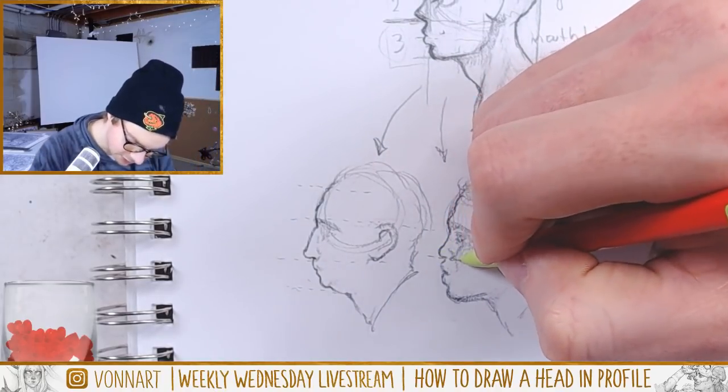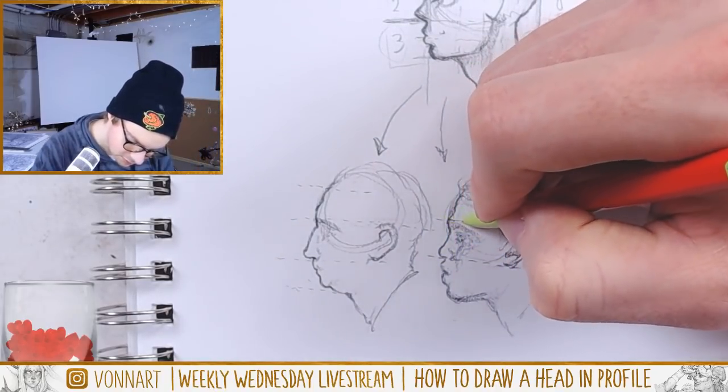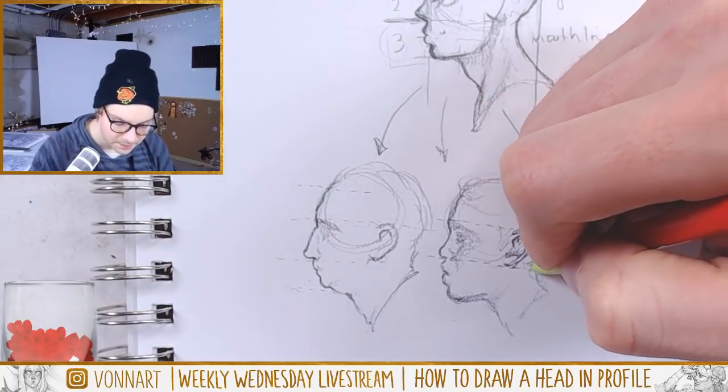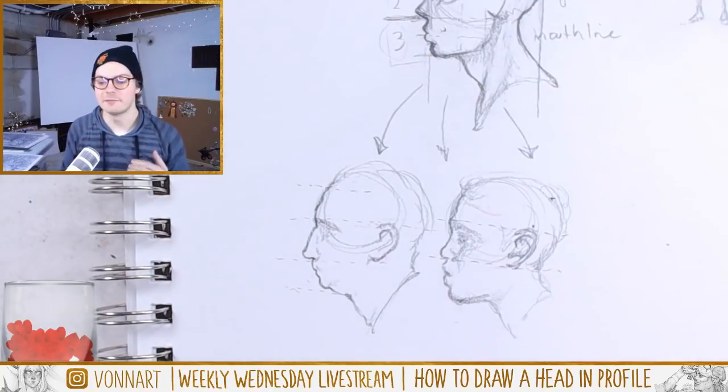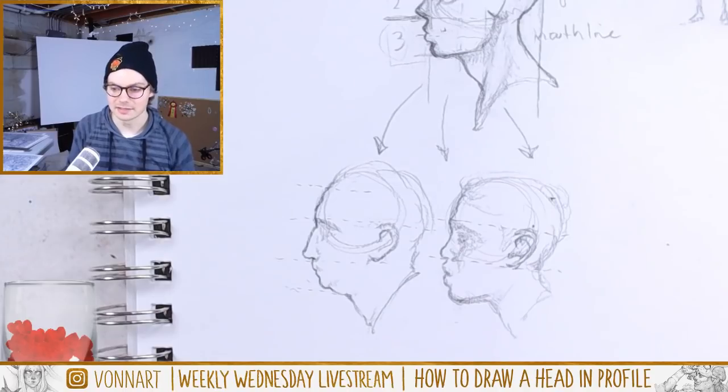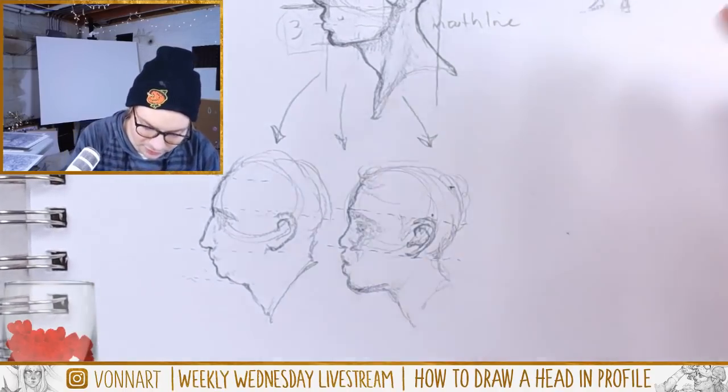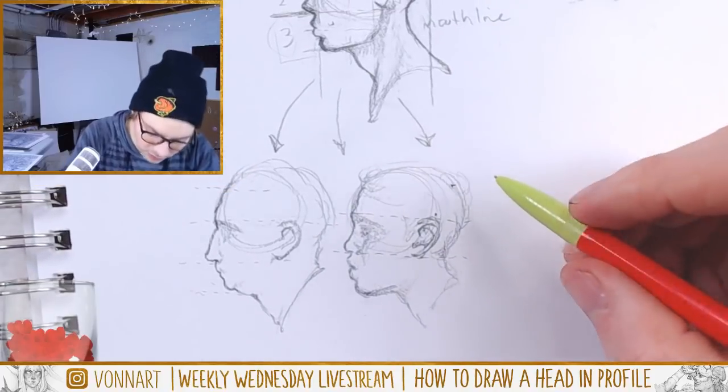So same thing with the first one. I feel like that middle section is something I focus on a lot, and I try to make sure that it is even within one another. And let's do one more.